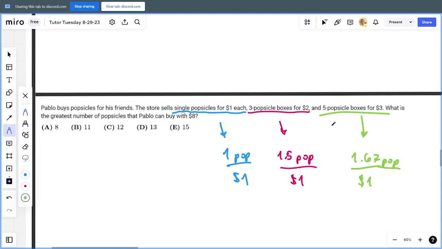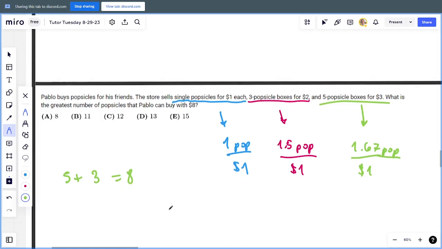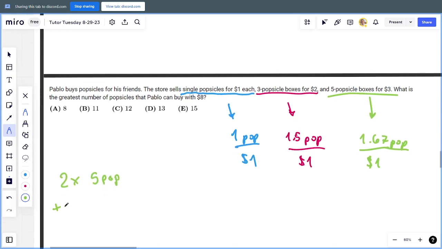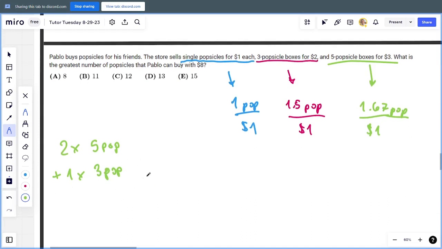So we want to maximize, and we can try to take like a 5 popsicle box plus a 3 popsicle box. That'll get us to 8. Oh wait, sorry, we're maximizing the popsicles, with the cost limited. So we could do like 2 times 5 pops plus 1 times 3 pops.